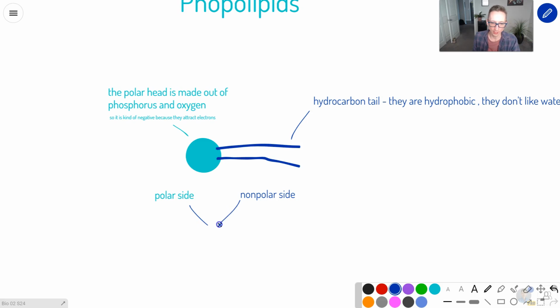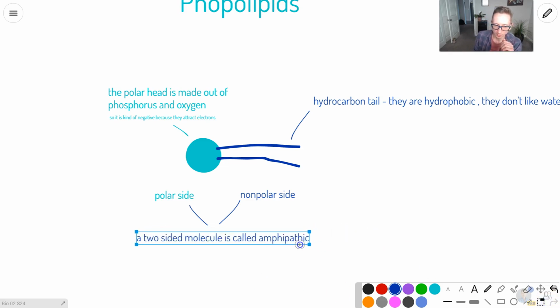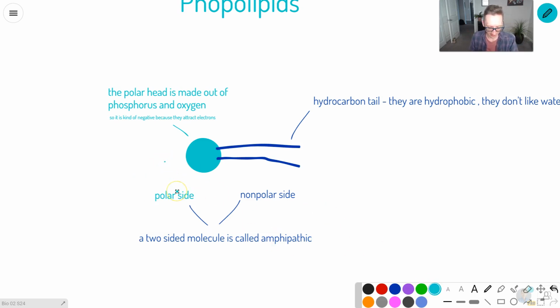So like a two-sided molecule is called amphipathic. I think that's how you spell it. It's kind of a big sciencey word, but it's got two different kinds of properties to it, a polar side and a non-polar side. So this side is a negative charge. Okay, and this side is just neutral.